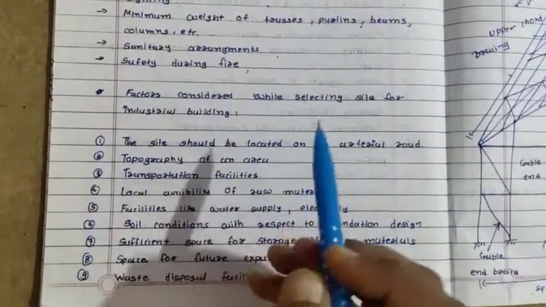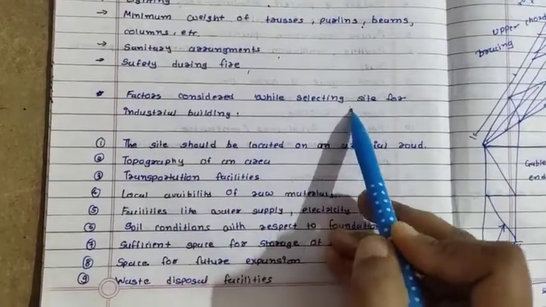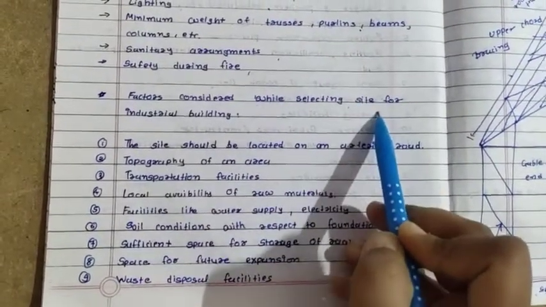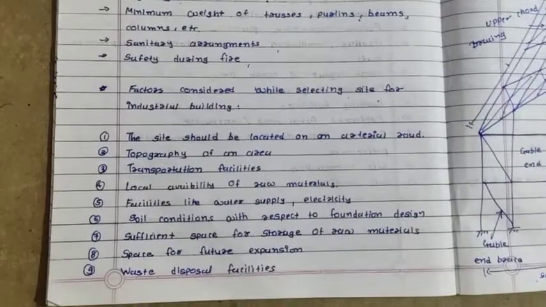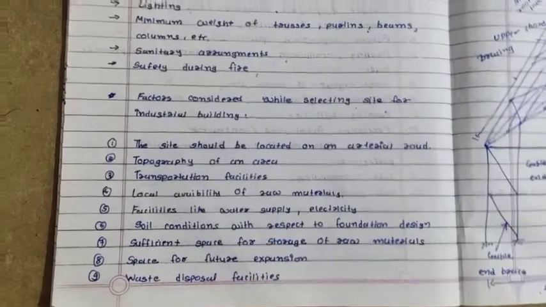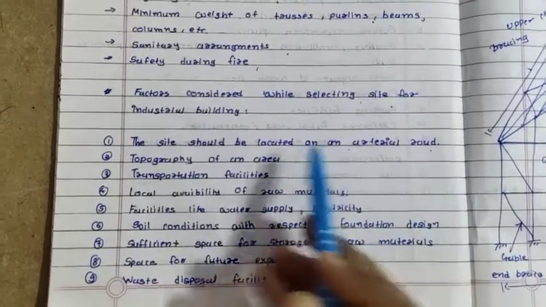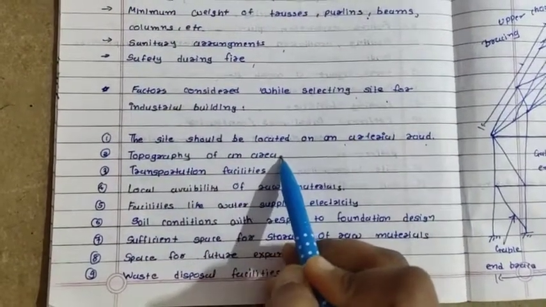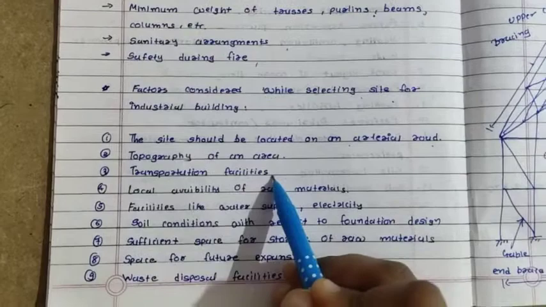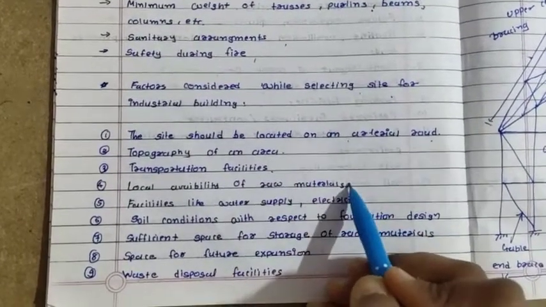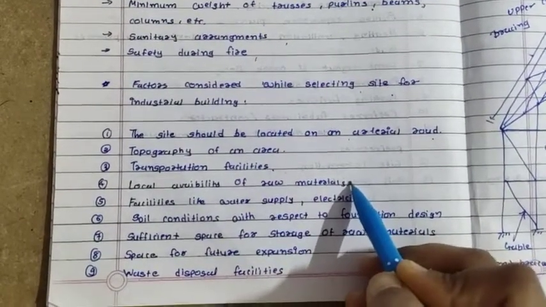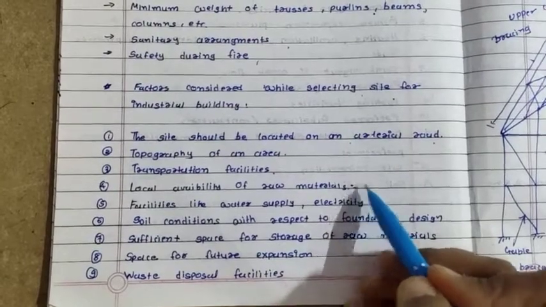Now next is, what are the factors while selecting the site for an industrial building? The site should be located on an arterial road, topography of the area, transportation facilities, local availability of raw materials. Are the materials available in the nearby area or not?